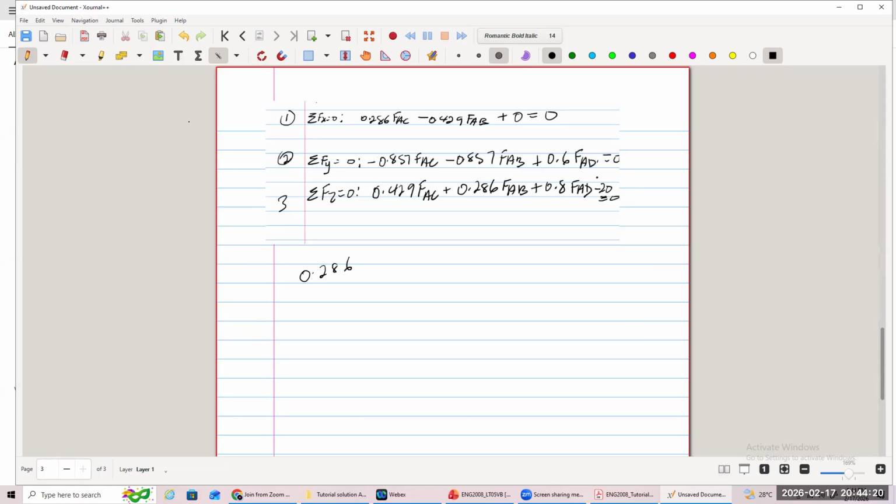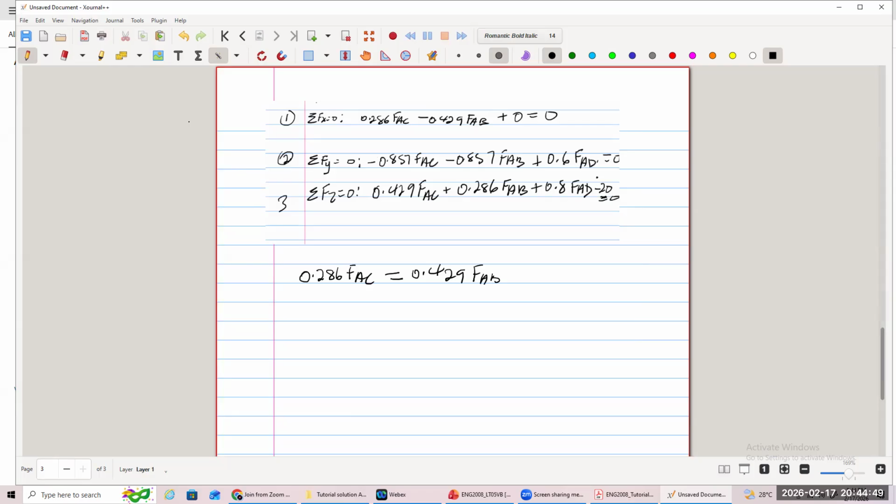So you could say 0.286. Oh Lord. My writing is atrocious here. Let me see if I can get that writing. All right, that one. Let's see. So you're gonna get 0.286 F AC, you carry it over equals to 0.429 AB.